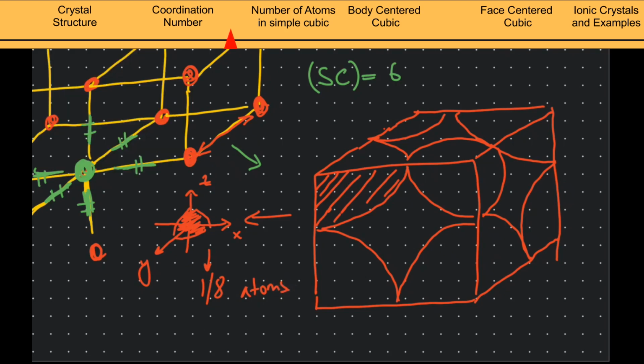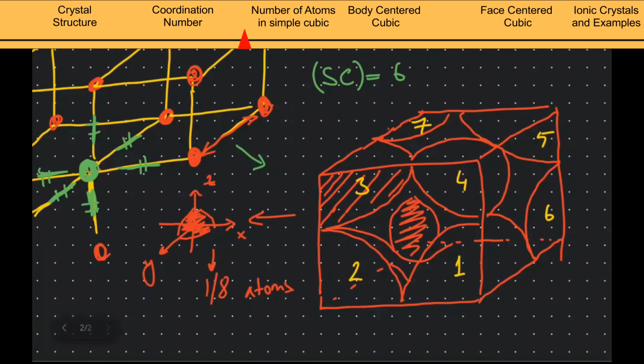How many atoms do we have in this structure? 1 here, 2 here, 3 here, 4, 5, 6, 7, and there is also one more atom here. I may not draw it beautifully, but there is also an atom here. So we have 8 atoms, but each atom contributes 1/8 of its volume, which means that we have only one atom in the simple cubic structure.